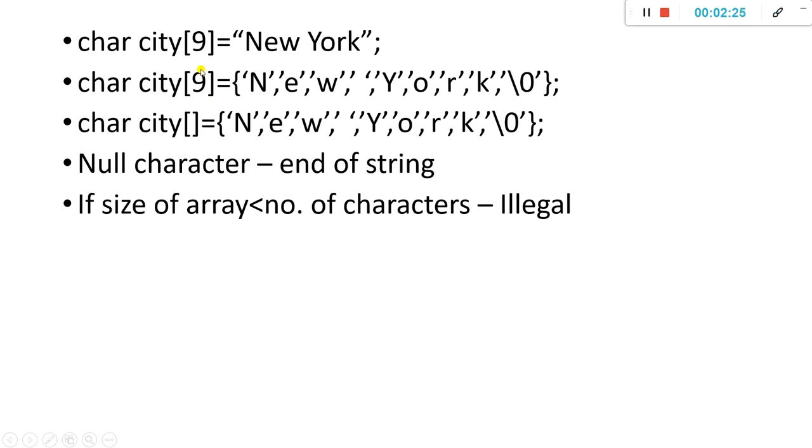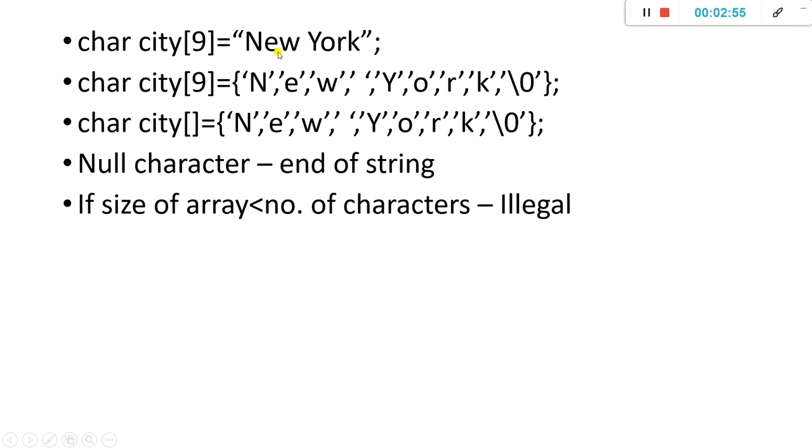Now another example. So how can you initialize a string? Okay, so for example, I have given there, it is given as character data type, char, city is the name of the array, and the size of the array is 9, which is equal to New York. Here the string New York is given in double quotes. You can see these are two separate words which are separated by a blank space.